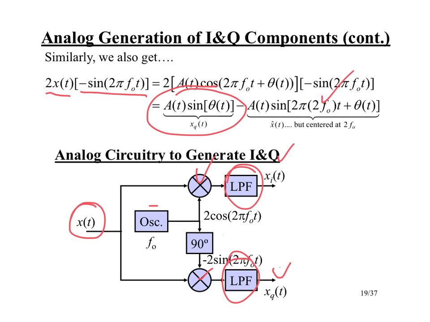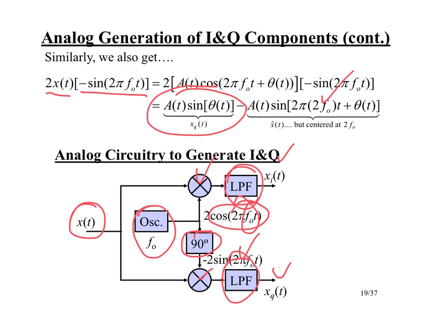You can build an oscillator that will create a cosine at a desired frequency. You can build a 90-degree phase shift that is designed to give a 90-degree phase shift right at the frequency of your oscillator. And so that comes out as a perfect sine relative to the cosine.